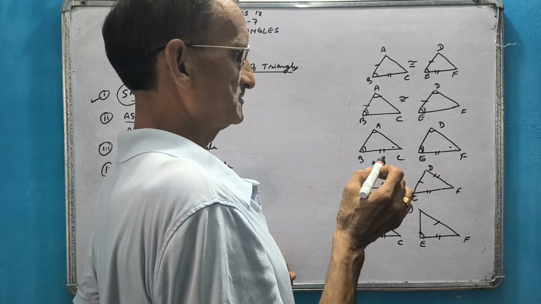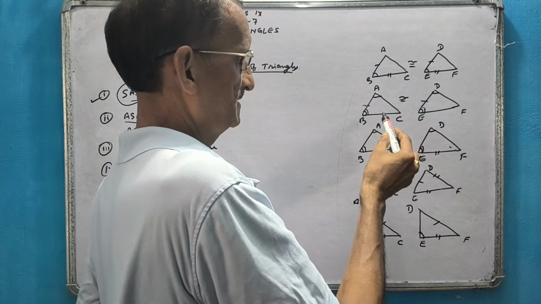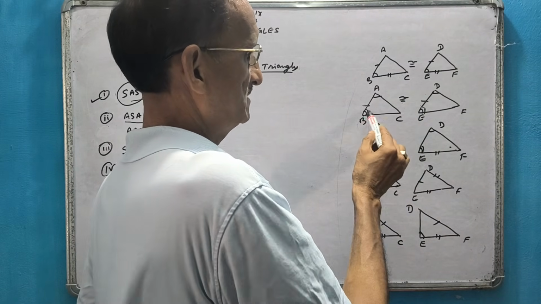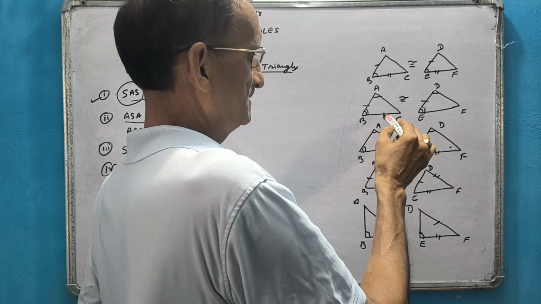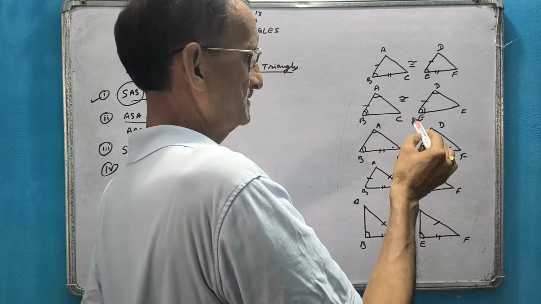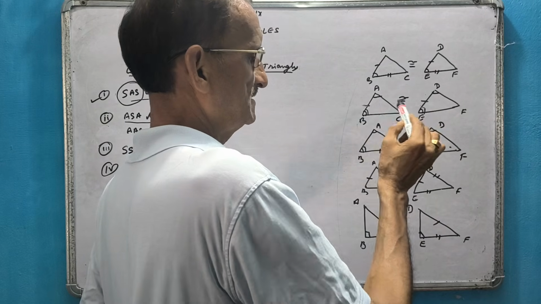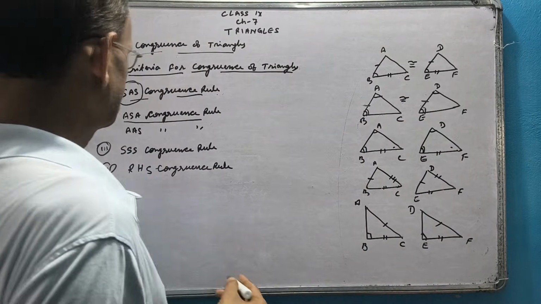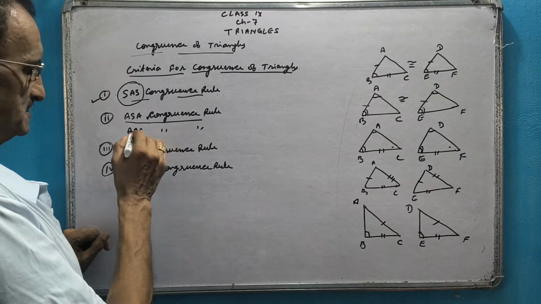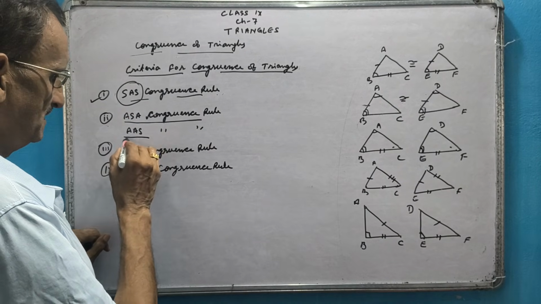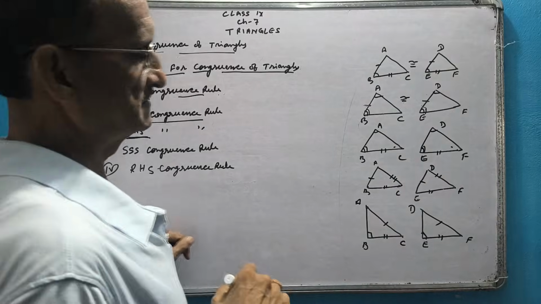You can say it the other way also: in triangle ABC and triangle DEF, if angle B is equal to angle E, BC is equal to EF, and angle C equal to angle F, then also by ASA. Now sometimes this ASA congruence rule can be AAS also. You know why? See here.